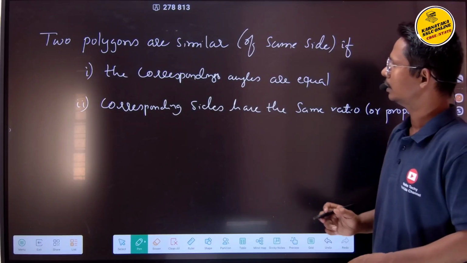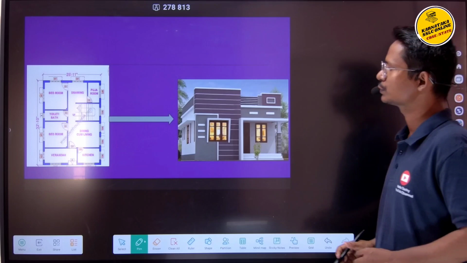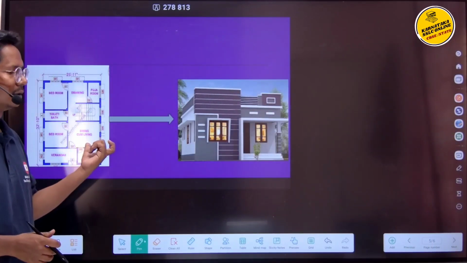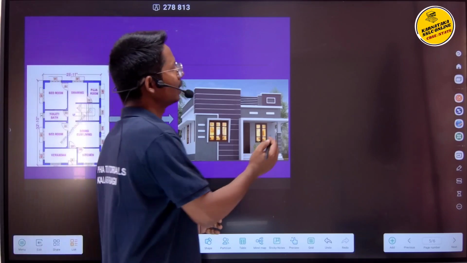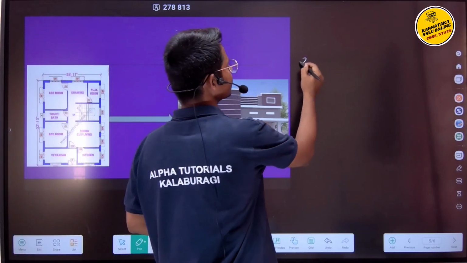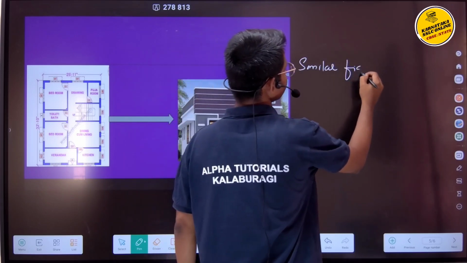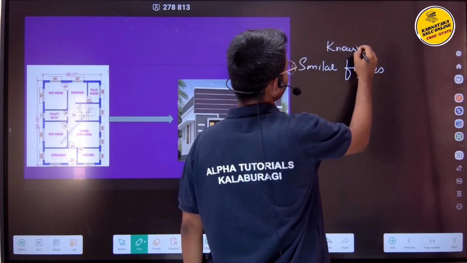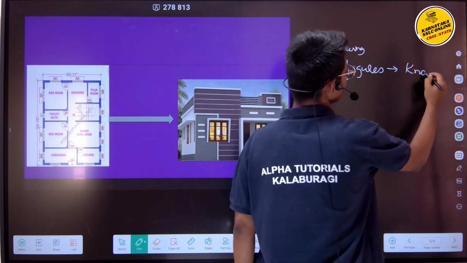Now I'll give some more examples. See this one. This is an application of knowing similar figures. Learning about what similar figures are is nothing but your knowledge.